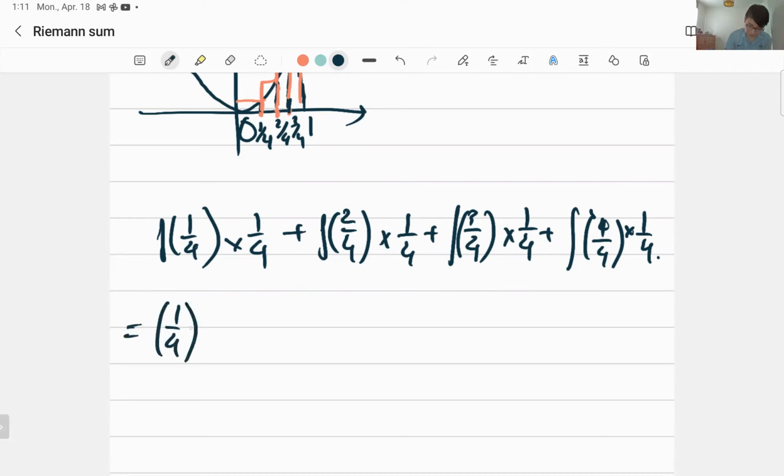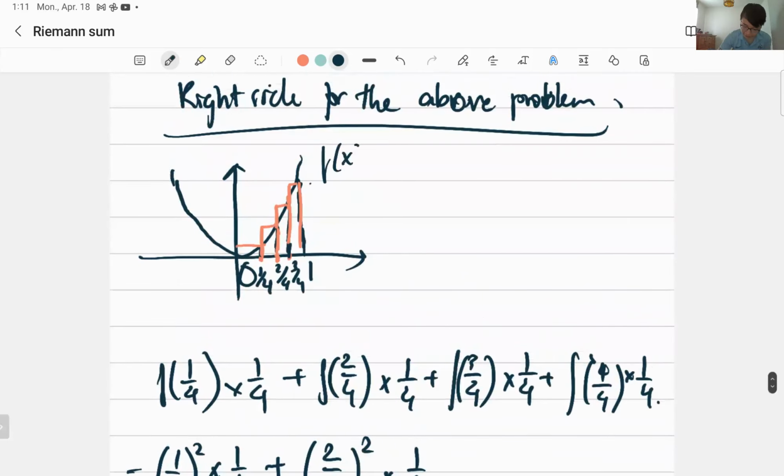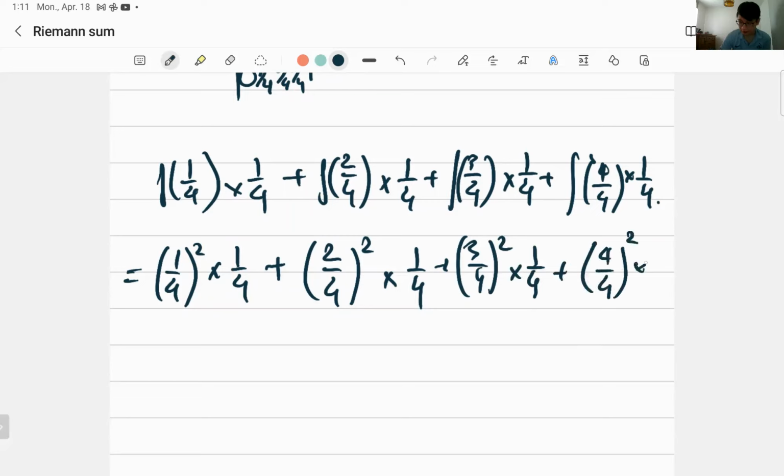So it's 1/4 squared times 1/4, plus 2/4 squared times 1/4. The reason I'm doing this is that f of x is equal to x squared. Then plus 3/4 squared times 1/4, plus 4/4, which is 1, squared times 1/4.